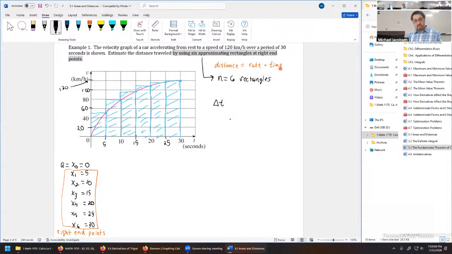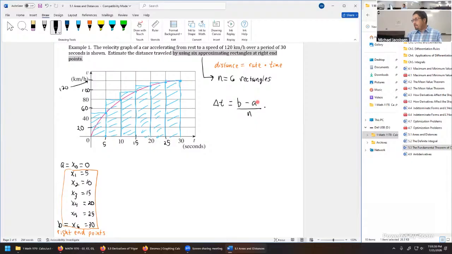We'll either call it delta x, or in this case, a delta t. It's always going to be b minus a divided by n. We have the a value here. I forgot to indicate down below, the b value is also the last point, the largest number.